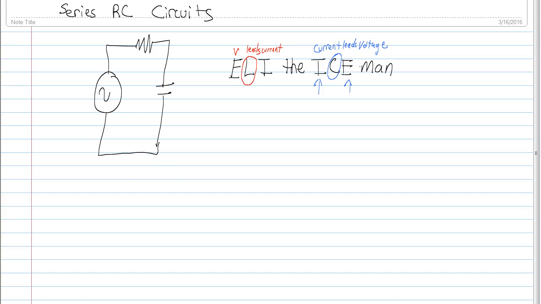We also talked about how to write impedance. There's two parts to impedance. Impedance is a complex number. The first part of impedance is R, and the second part is reactance, specifically capacitive reactance.